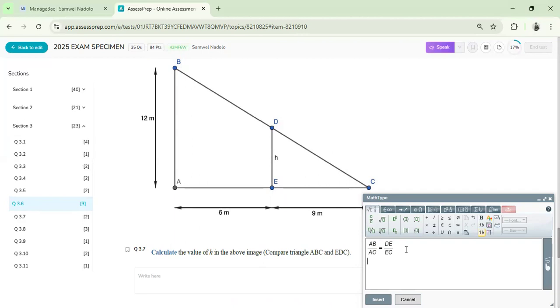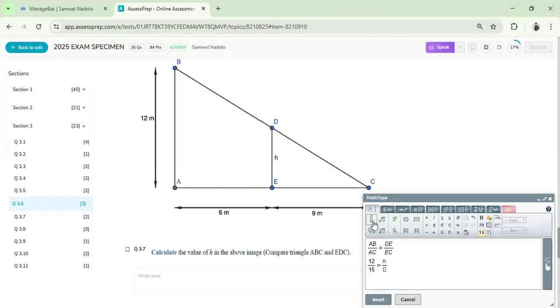Okay, what is AB? AB is 12. And what is AC? AC is 6 plus 9, which is 15. It's equal to, DE is what? DE is h, what we are calculating, divided by EC. EC is 9.